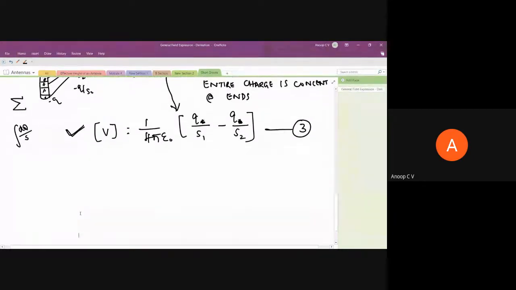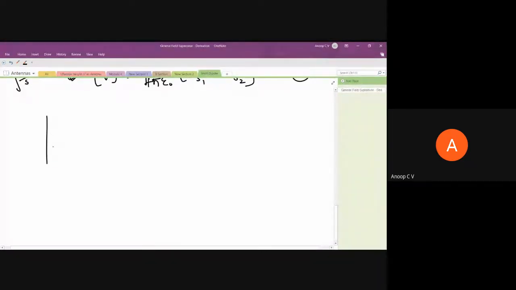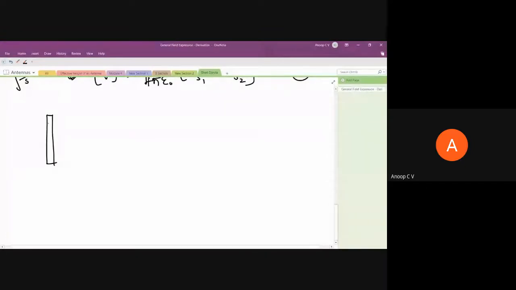Initially I wanted to follow the actual method, so that you can apply it to anything. Now, simply what we are trying to do is, you have some solid, and I'm dividing it into many small differential elements.